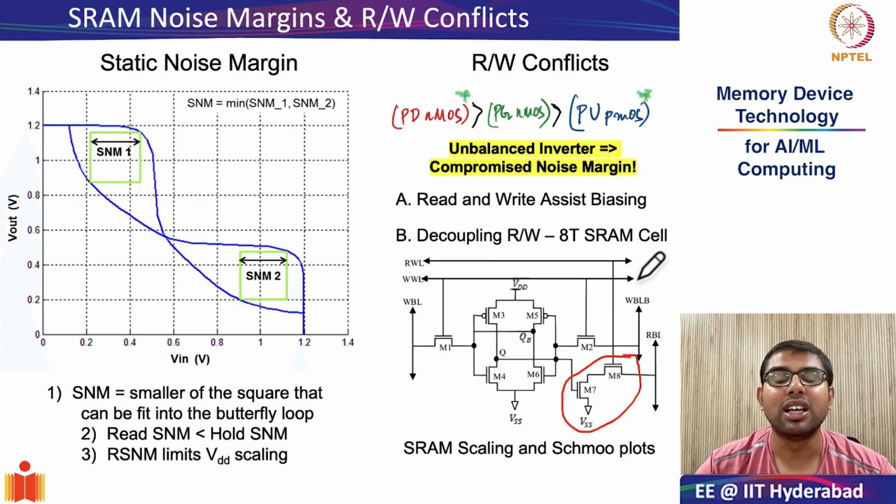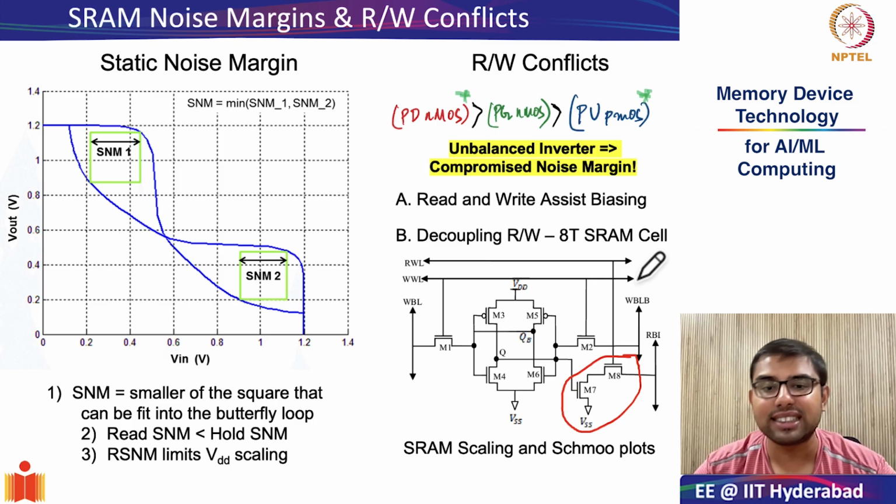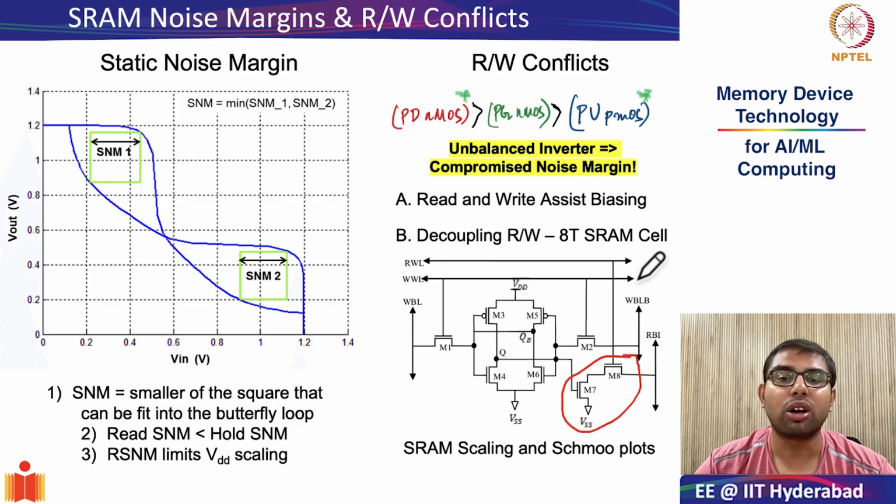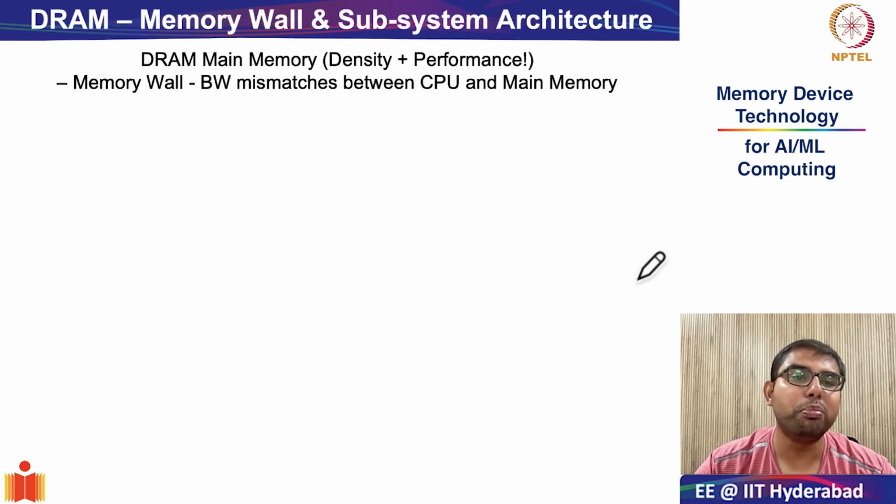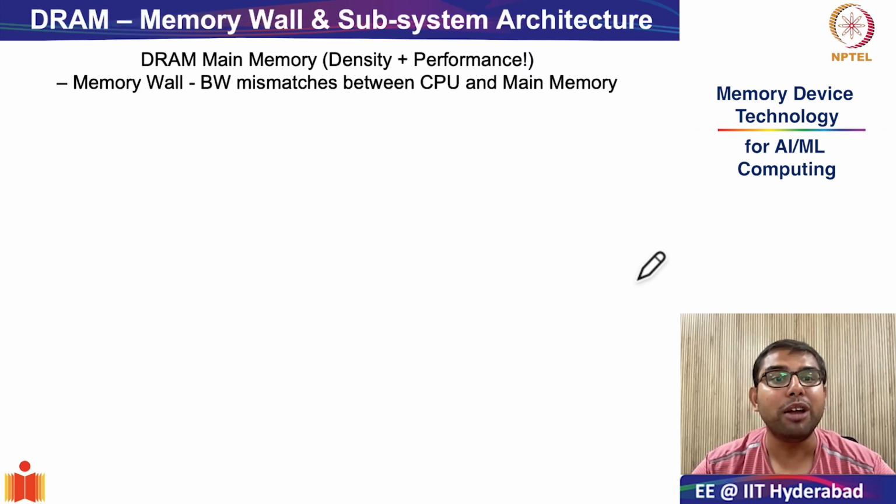Finally, we looked at some of the technological considerations in SRAM scaling, which is similar to transistor scaling or logic transistor scaling. And we also looked at some technology qualifiers through the Shmoo plots. Next, we moved on to the DRAM main memory.